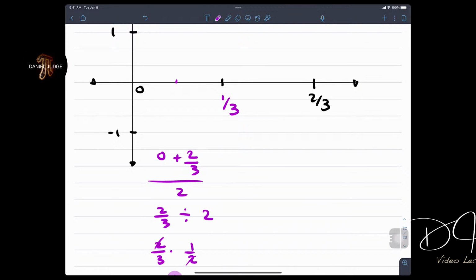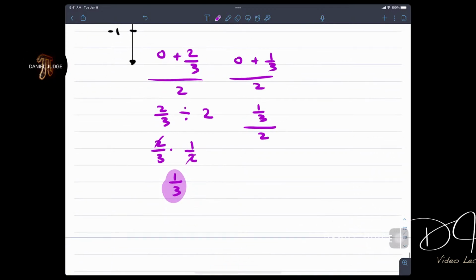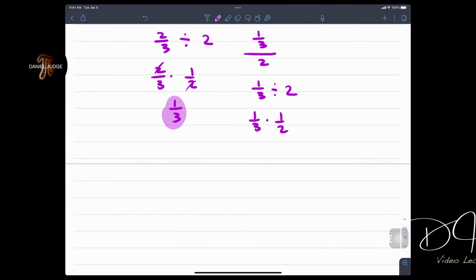We need another halfway, 0 to 1/3. So 1/3 divided by 2, which is 1/3 times 1/2. That's how we take a fraction divided by a whole number, multiply horizontally across, gives you 1/6. All right, ladies and gentlemen, 1/6.